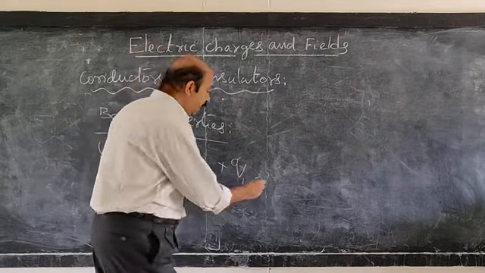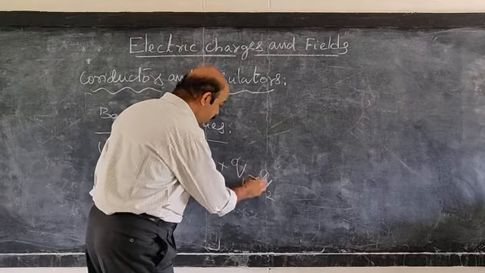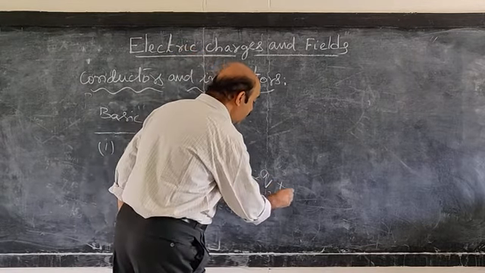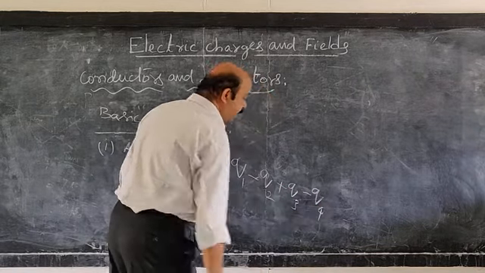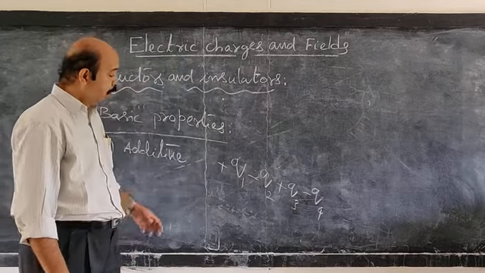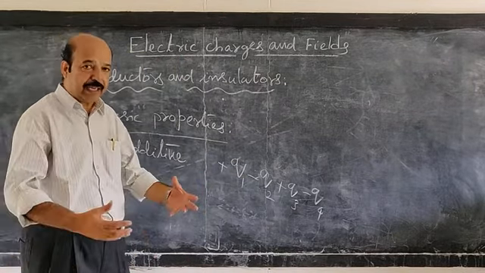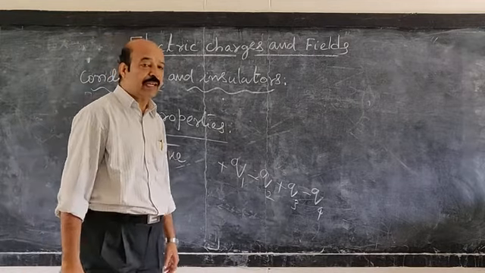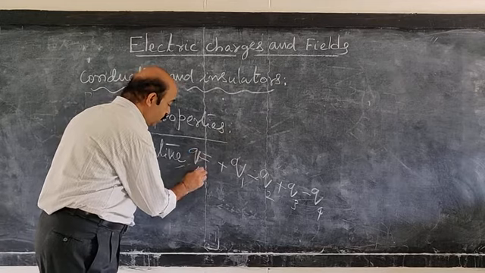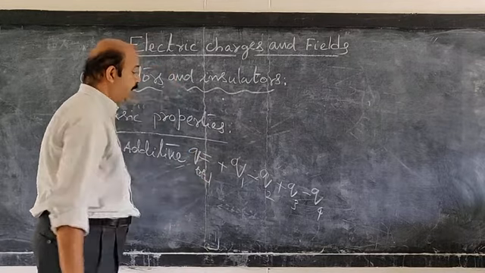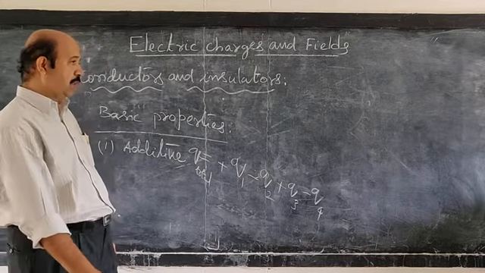There is some negative charge on another body, say some Q2 value, so minus Q2. Similarly, you have some plus Q3 and then another negative charge, like that. So you have to add them along with their signs, just as in the case of positive numbers and negative numbers, to find the total charge. So this is the additive property of electrical charges.